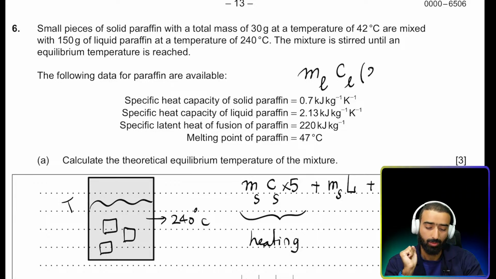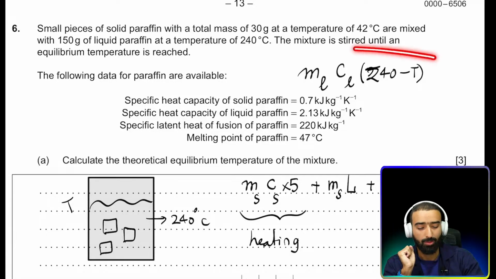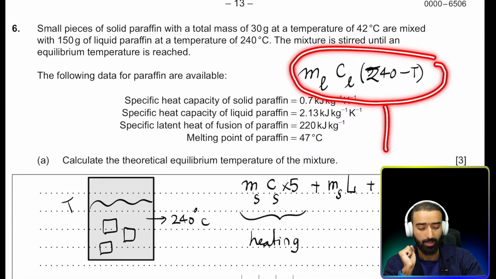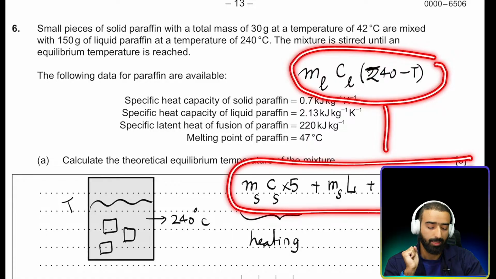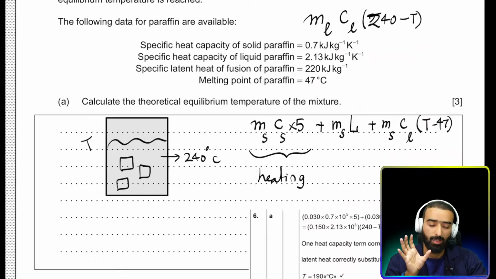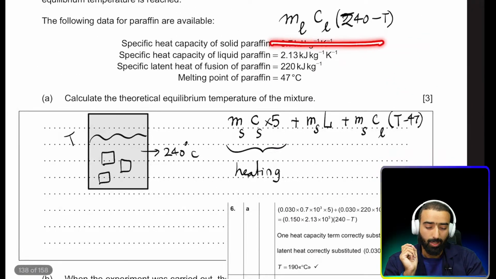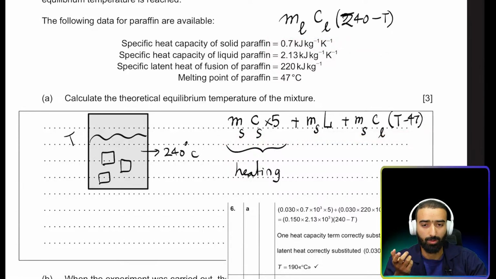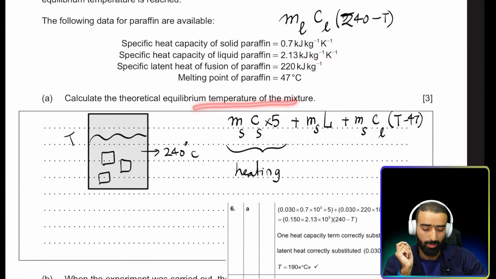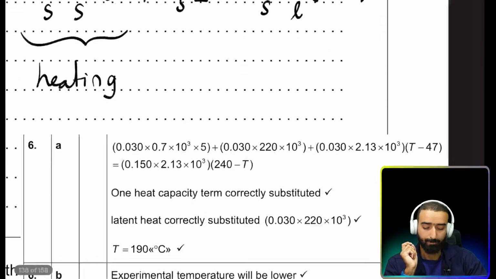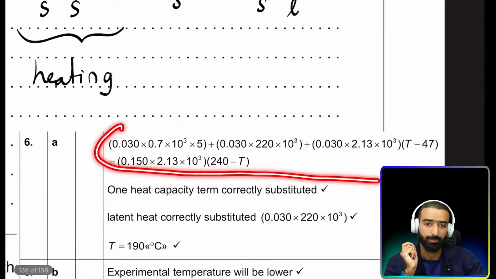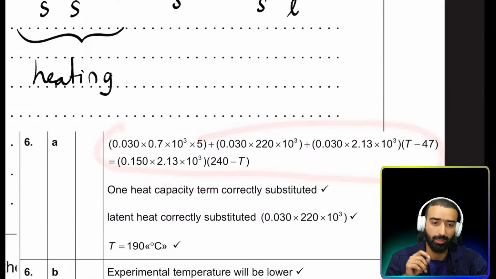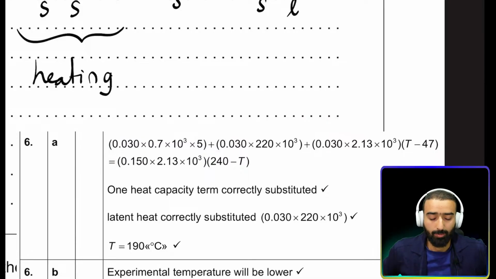That is 240 minus T. So this is the amount of heat lost by the liquid paraffin. It must be equal to this entire term. Okay, so you need to equate these two. It's a messy equation and you need to solve for T. That's going to give you the equilibrium temperature. If you check the mark scheme, that's exactly what they have done. All right, you need to plug this in and do the manual work there.